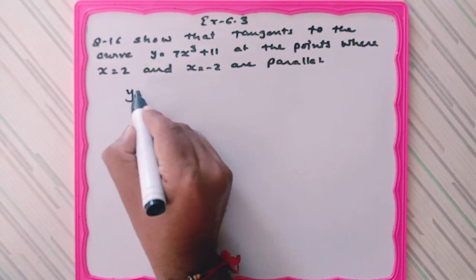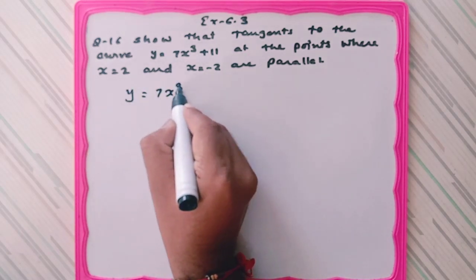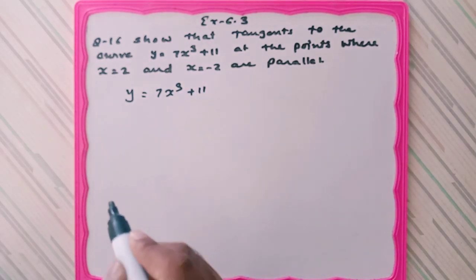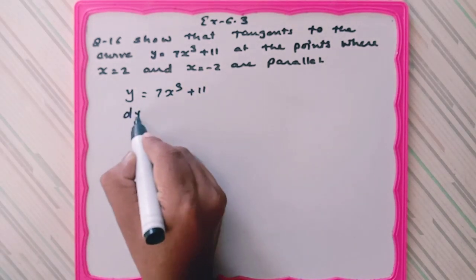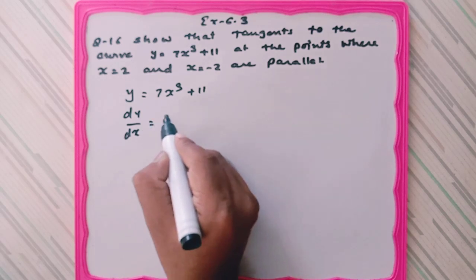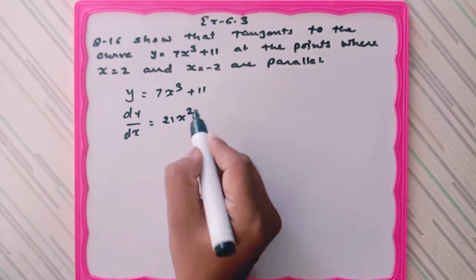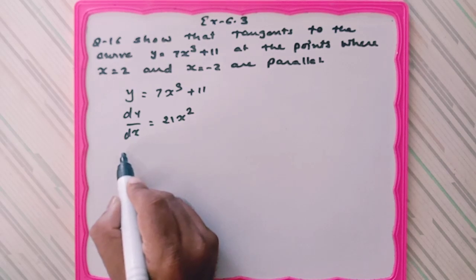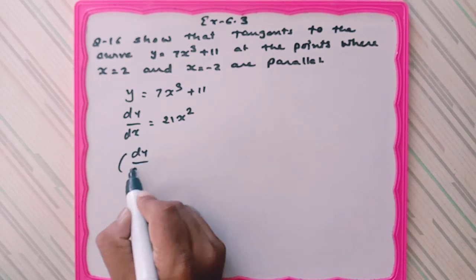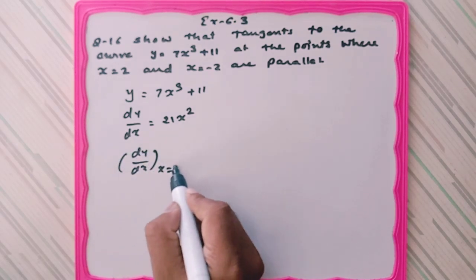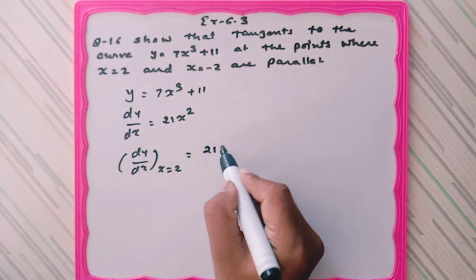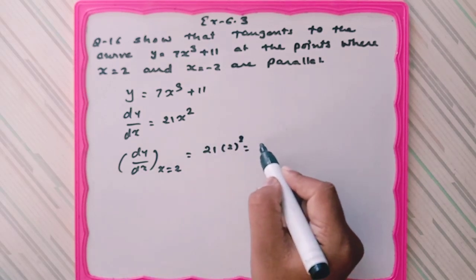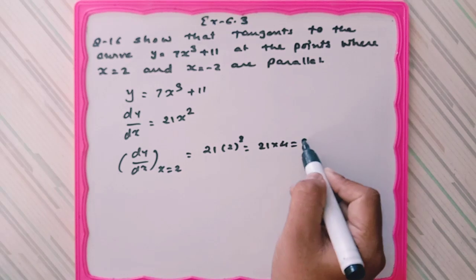So y equals 7x cube plus 11 is given, and so dy by dx equals 21x square. The slope of the tangent, dy by dx at x equals 2, will be 21 into 2 square, 21 into 4, which is 84.